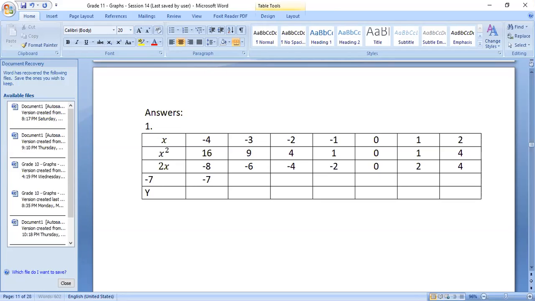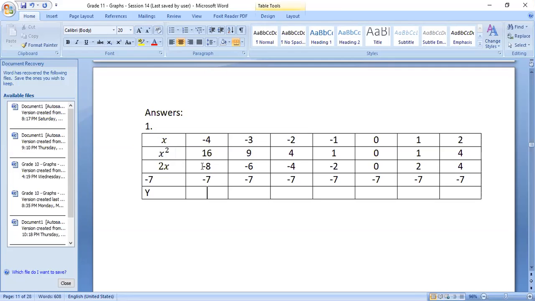Now you have to subtract 7. Then the y value will be x squared plus 2x minus 7. So you have to find the value of these three rows.